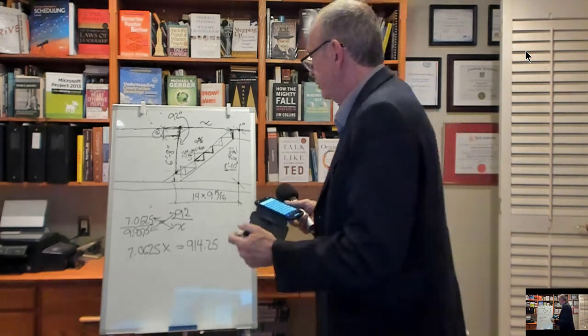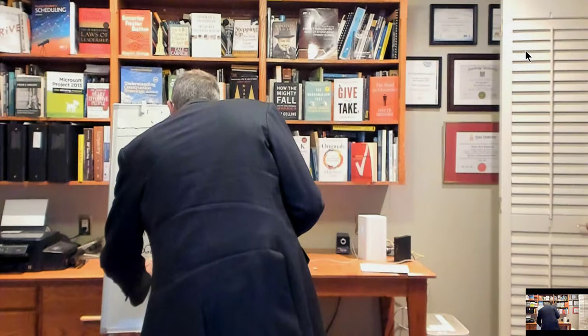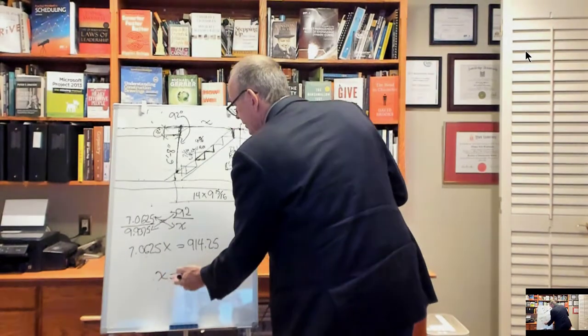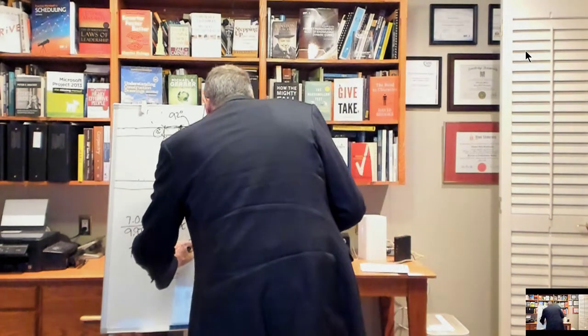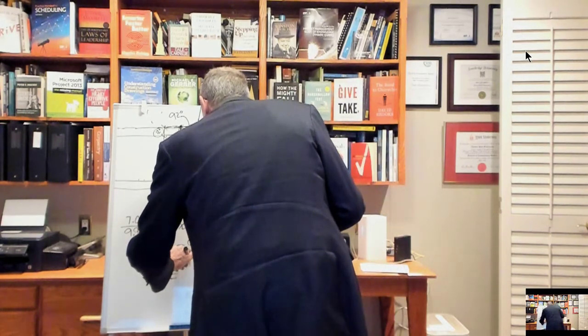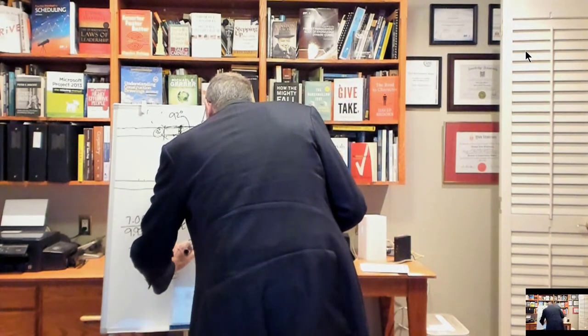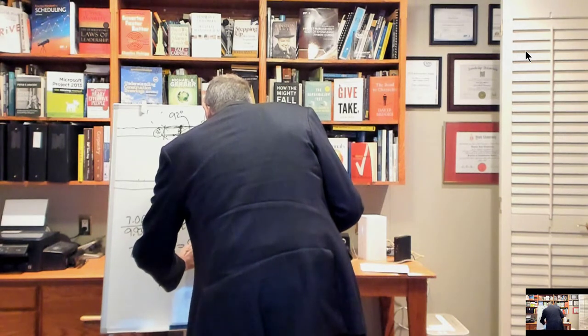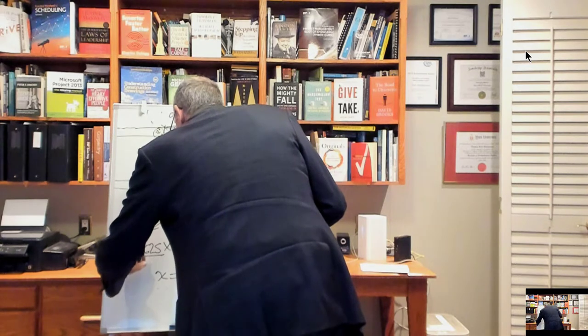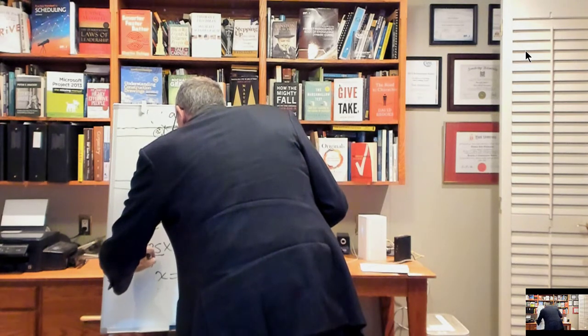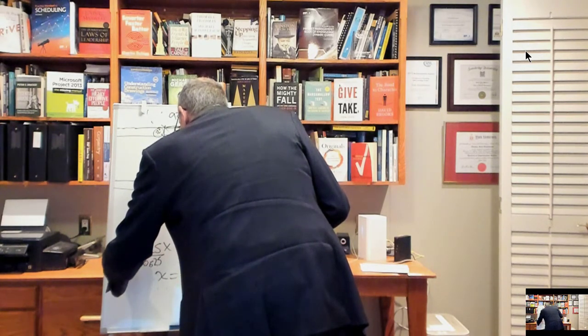So then all I've got to do to solve for x is divide 914.25 by 7.0625, and I do the same thing over here, 7.0625.